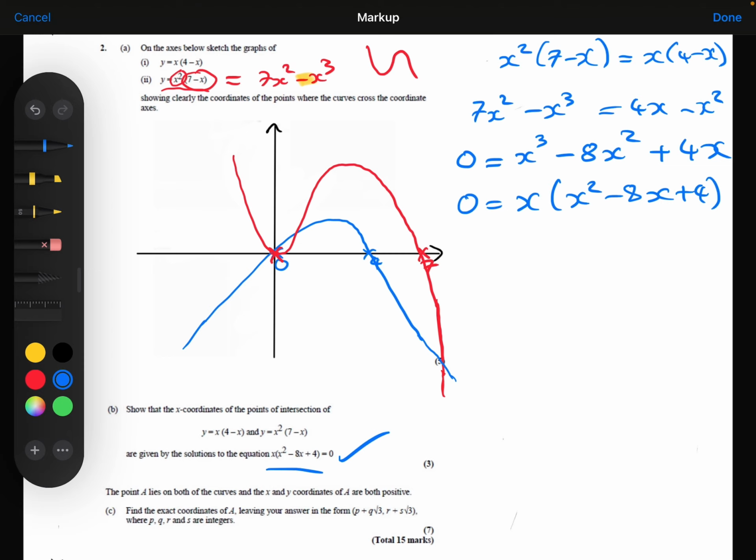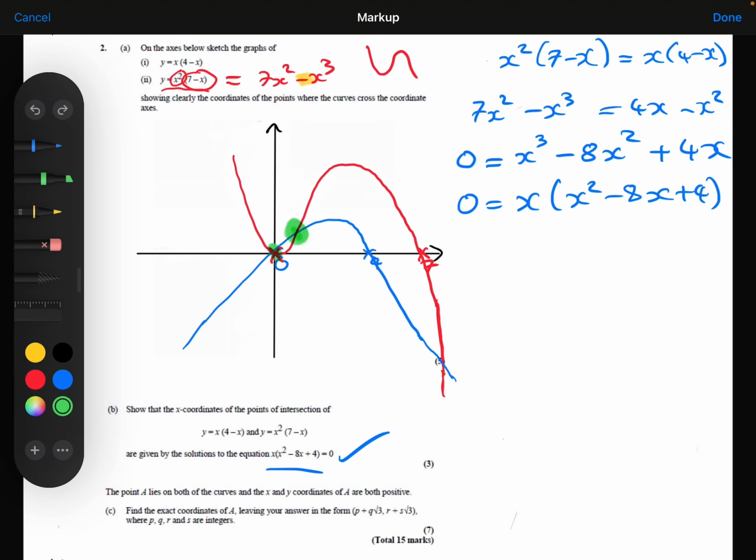So, well, I can see that the curves are going to intersect at 0, 0, which obviously we're not interested in if x and y have to be positive. They're going to intersect again here, and like I said before, they're going to intersect again down there. But we're not interested in that one because the y coordinates down there are negative.